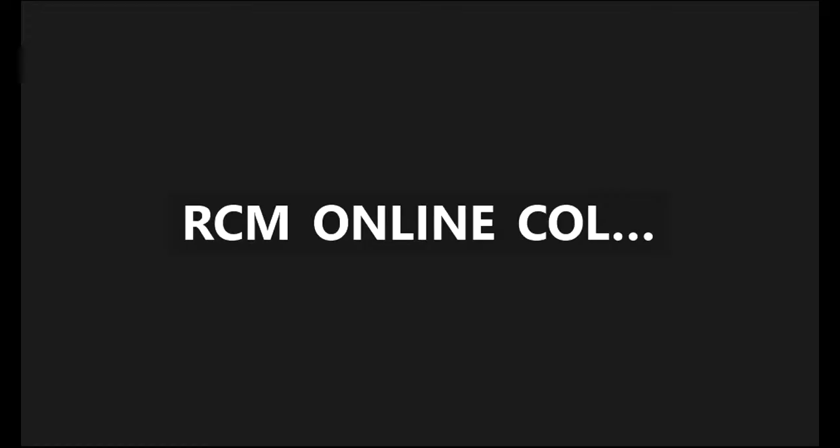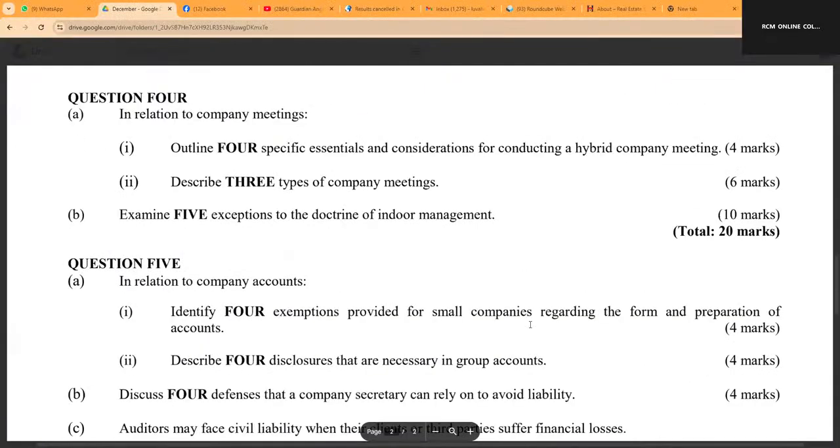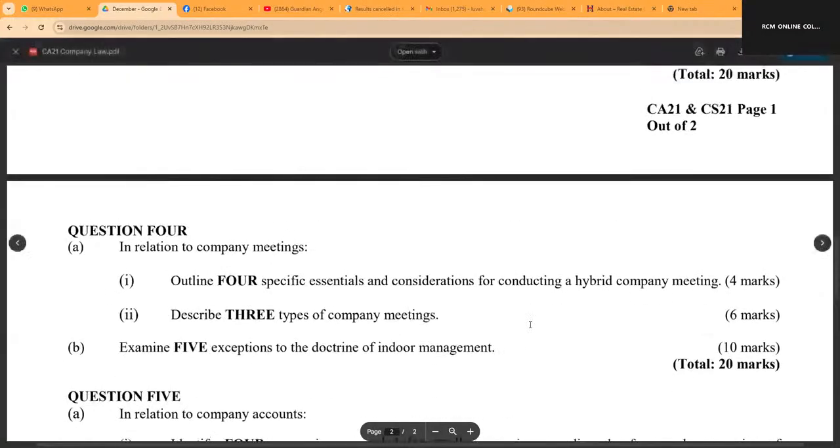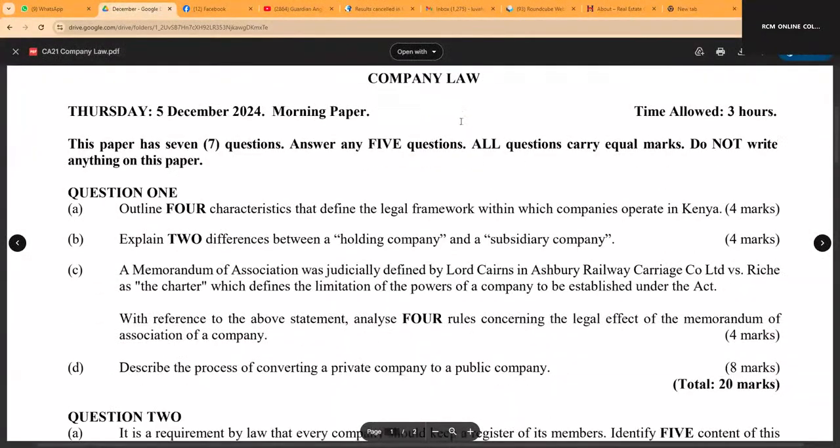So let's look at this one. There's this one here, question number 1B. One of our friends wanted to read.